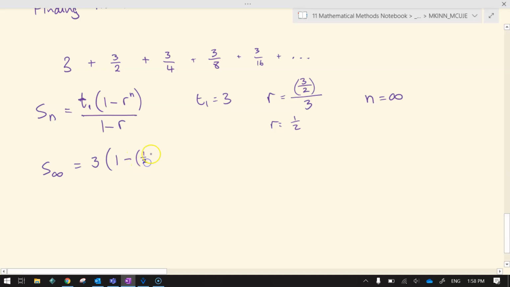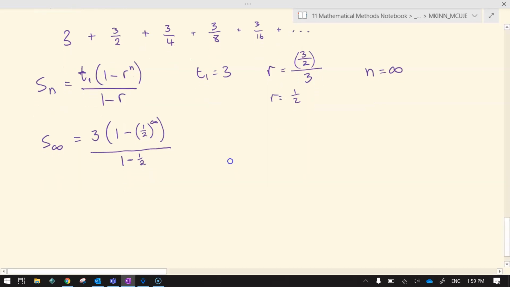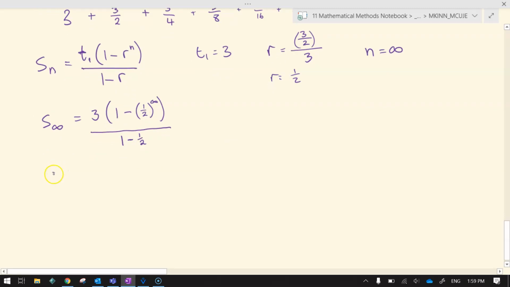I'm going to put it in brackets, good people. Are we happy that that's the expression we have? I'm pretty happy with that. Let's see what happens when I simplify that a little bit.